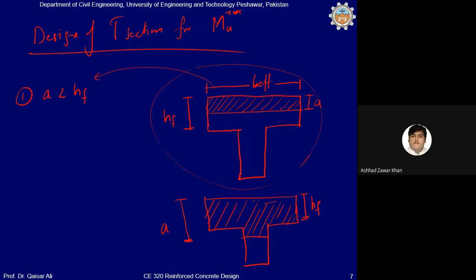This is also rectangular. We can also design the same beam as a rectangular beam. Why? Sir, because the compression block is rectangular. Because the compression block remains rectangular, even in this case. And what about case 2? Can you design it as a rectangular beam?